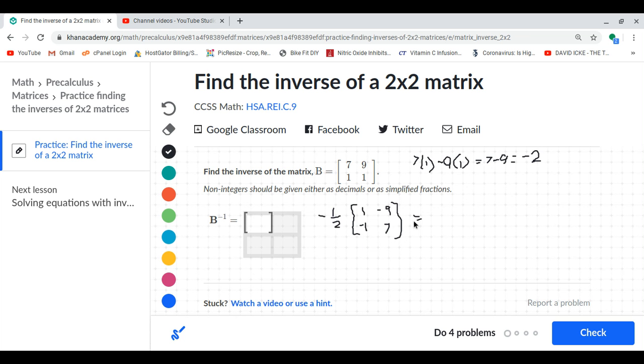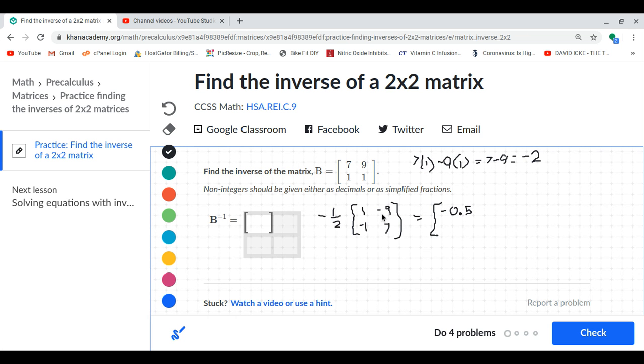So the top is going to be negative 1/2 times 1, negative 0.5. Then we have negative 1/2 times negative 9.